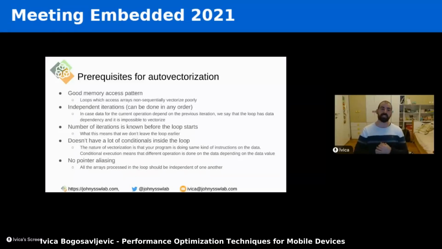Next thing is that you don't have a lot of conditionals inside the loop. Why is this important? The nature of vectorization is that your program is performing the same kind of operation on all its data. If you're performing the same operation on all data, vectorization makes sense.